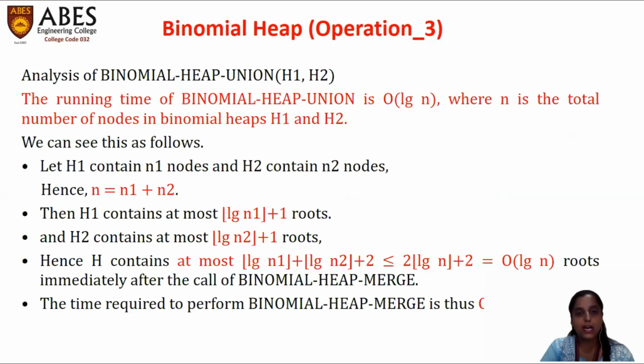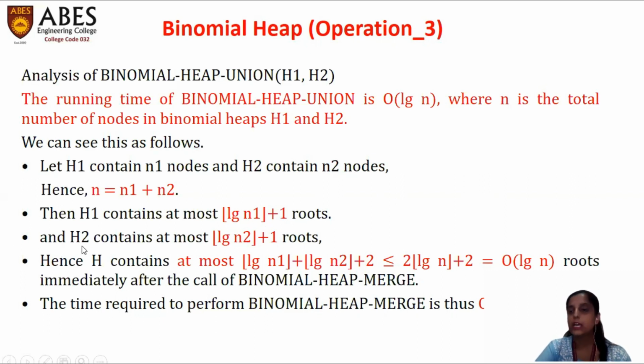Now, if anyone asks what is the time complexity of performing this union operation, then we can simply say that the time complexity is O of log n. Why? Because we have two binomial heaps, each containing n1 and n2 nodes. But the operation that we are performing is only on the root nodes. Means we are only traversing the root nodes. To traverse the first binomial heap, it will take log n plus 1 time.